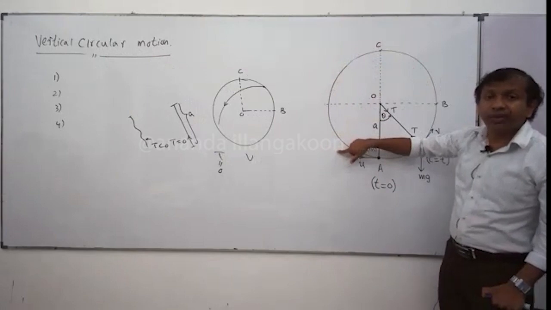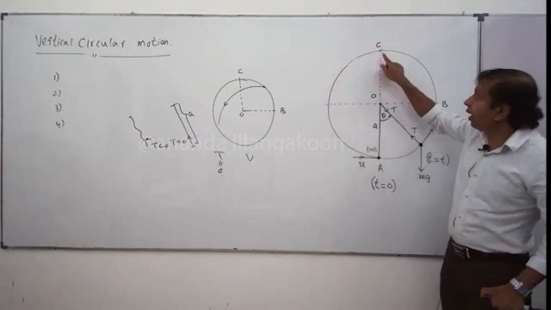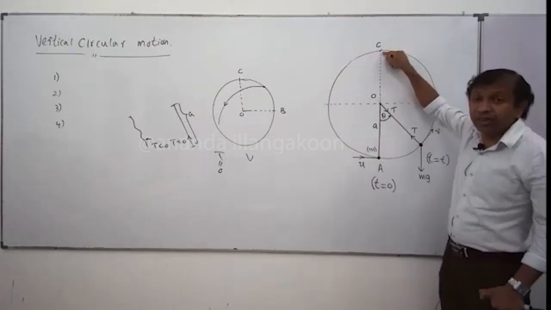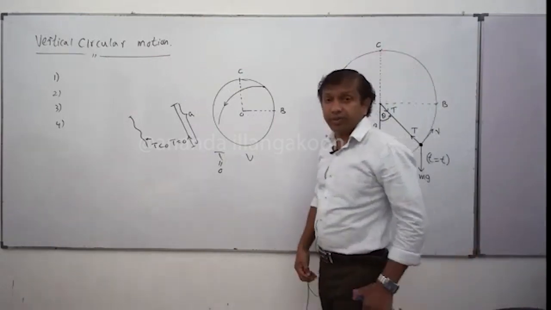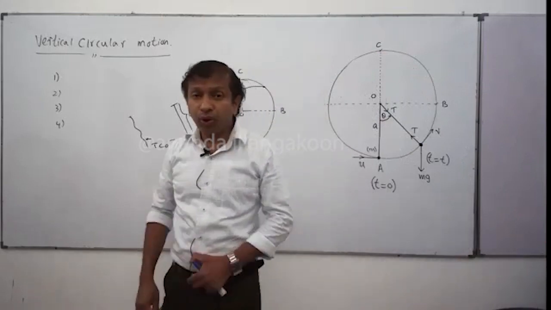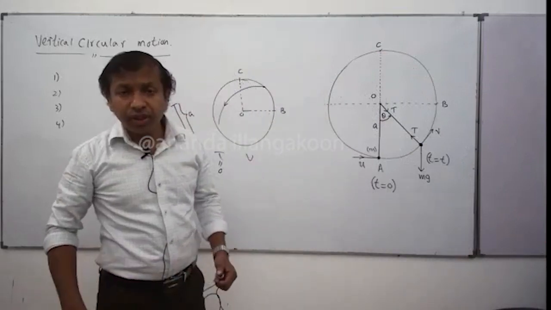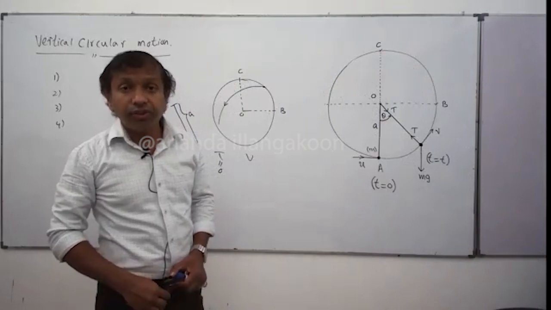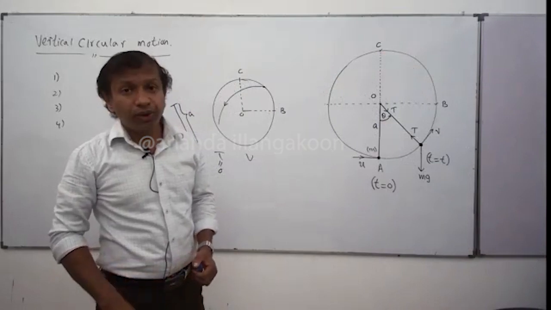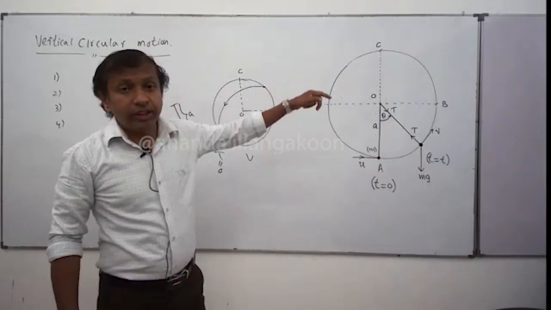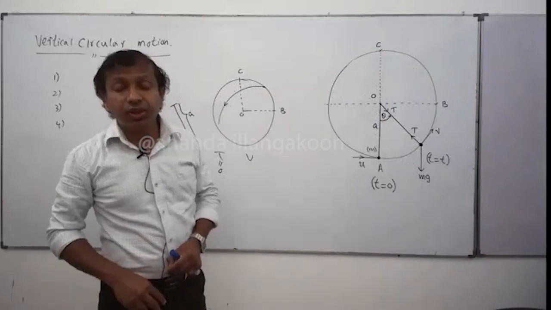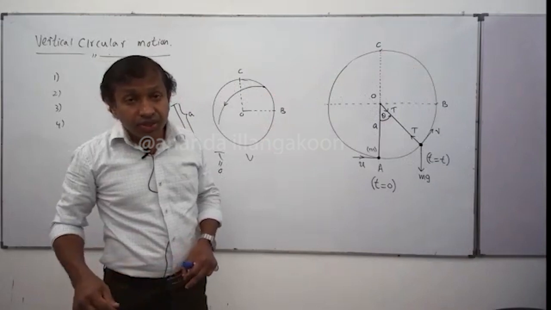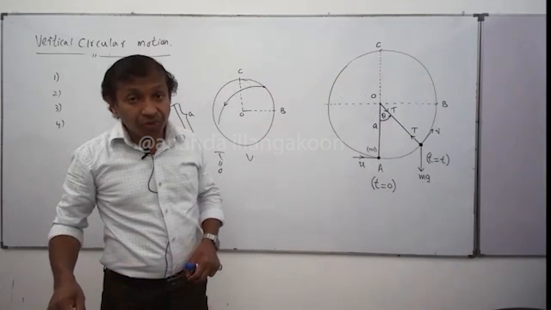The condition required, people, you might think, is that at the highest point the particle should have a velocity. Well, that is not the condition required. At the highest point, velocity of the particle becoming zero is not the condition required. The condition required is at the highest point, point C, the tension in the string is positive.